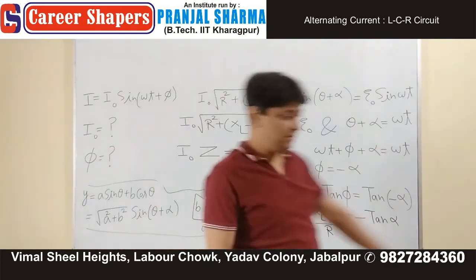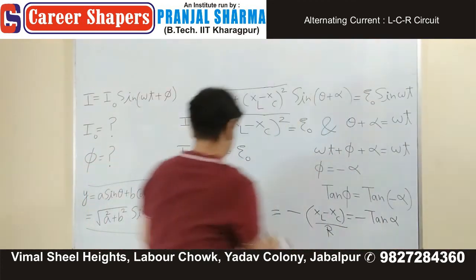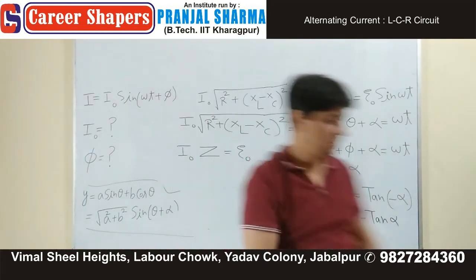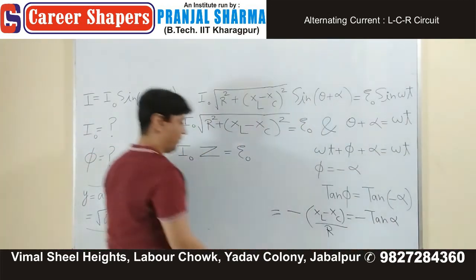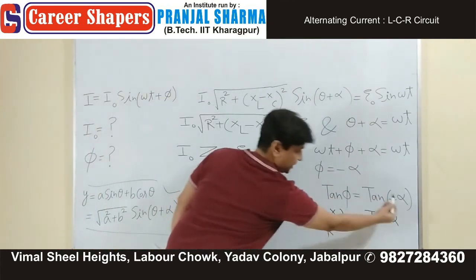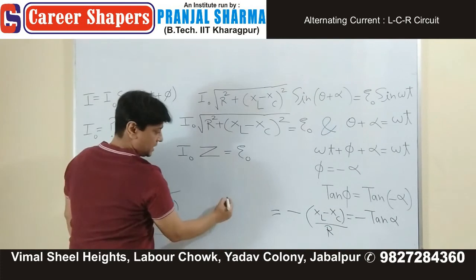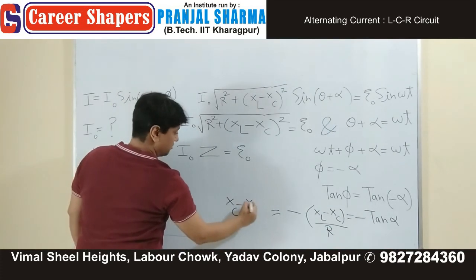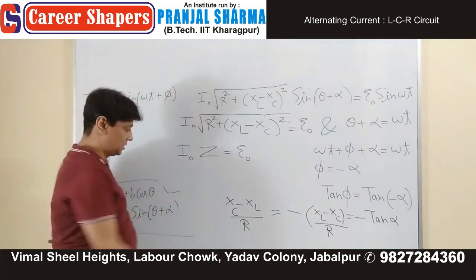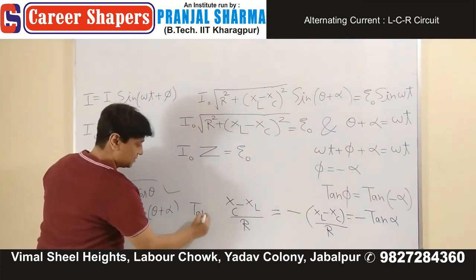If you take the negative sign inside, it gives you tan phi equal to XC minus XL divided by R. This is your tan phi.